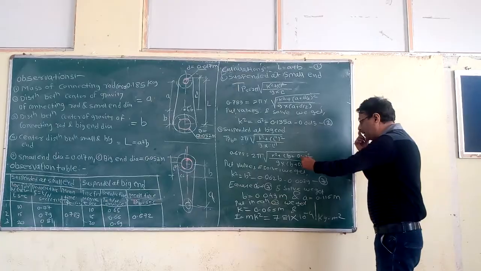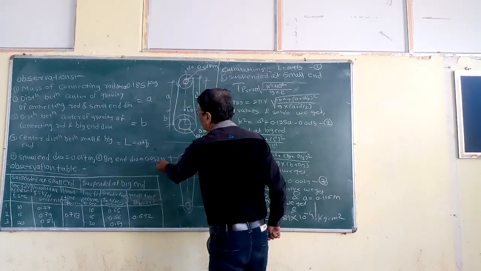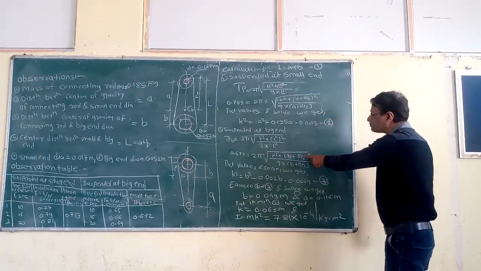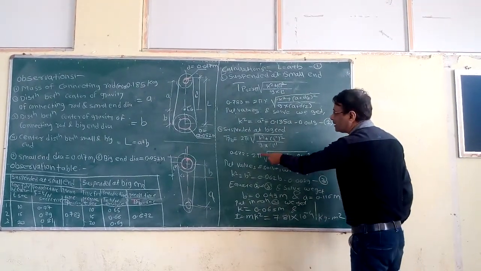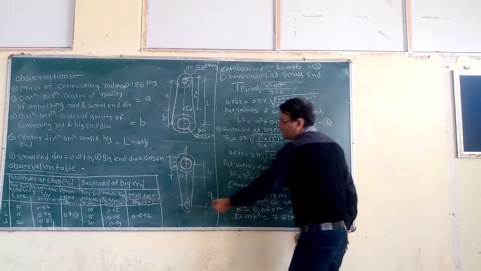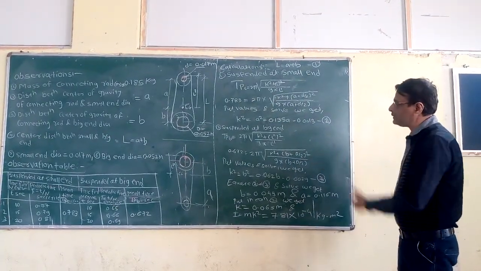What is the value of capital D? It is given here. It is 0.052 meter, or 52 millimeter. Now put the values here and solve this equation. What is TPB? It is 0.672 seconds per cycle.